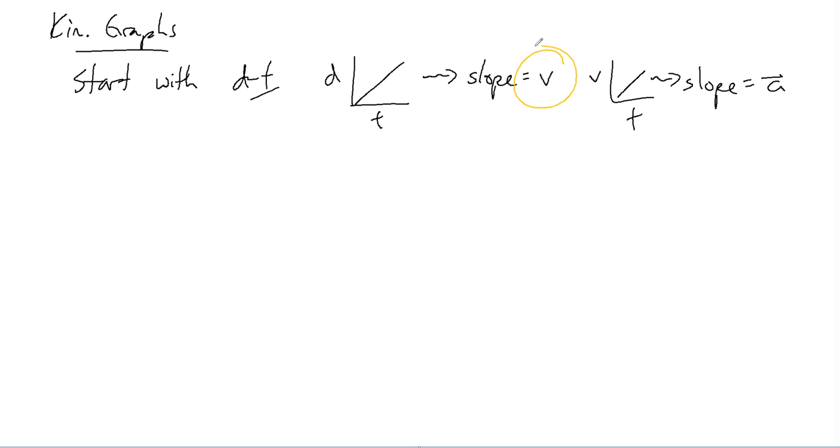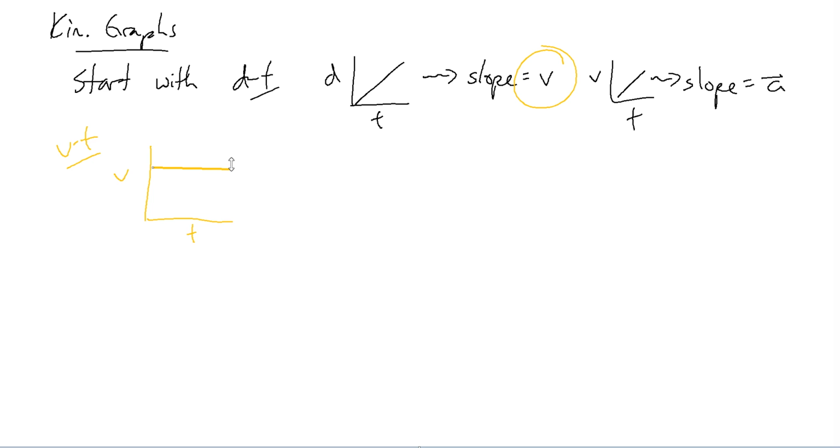So we're going to start by using a basic VT graph. Let's take the basic fundamental VT graph. The simplest one we could have, I'll even use my fancy tools here, would be a straight line going across.